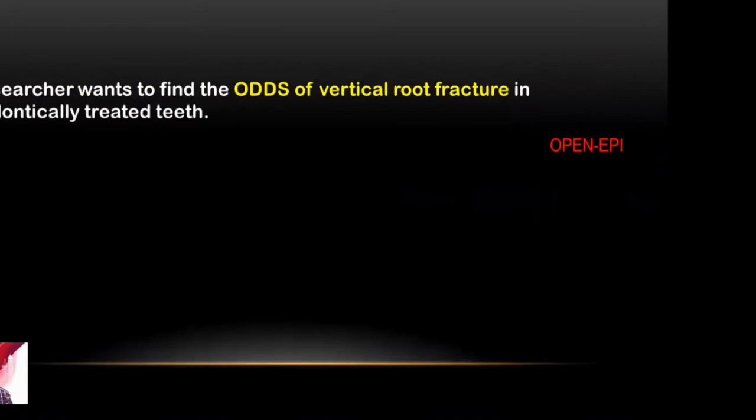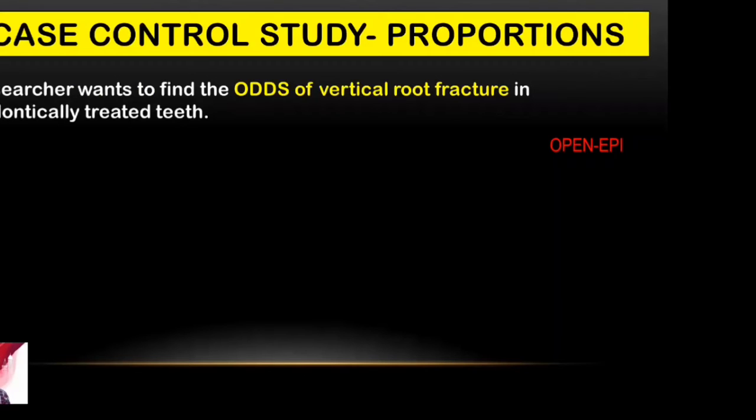What is the chance of getting VRF in an endodontically treated tooth compared to a non-endodontically treated tooth? VRF can occur in a sound tooth as well as a treated tooth. So what is the odds of getting VRF in your case group? This case group is the RCT treated group. This is a case control study based upon the proportion.